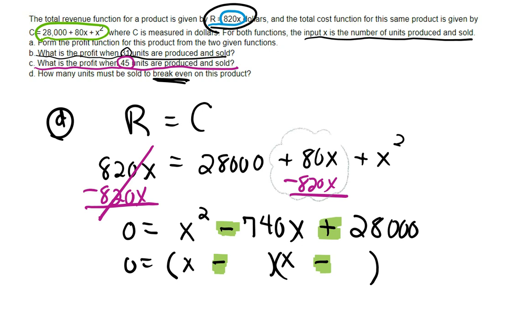And they just happen to be 40 and 700, because 4 times 7 is 28, and 40 times 700 is 28,000, and they add up to 740. So it just kind of came to me when I looked at the 28, and I was like 4 and 7. But anywho, so this x right here would have to be 40, and this x right here would have to be 700.